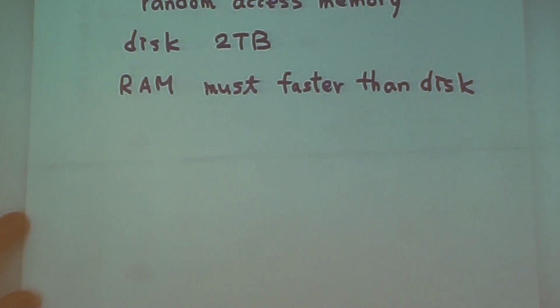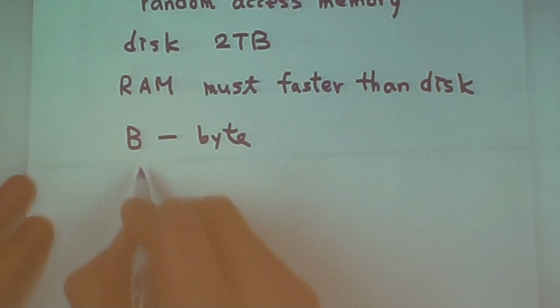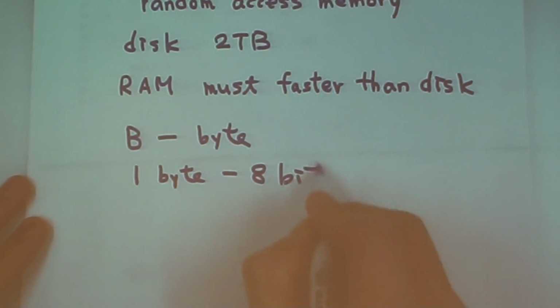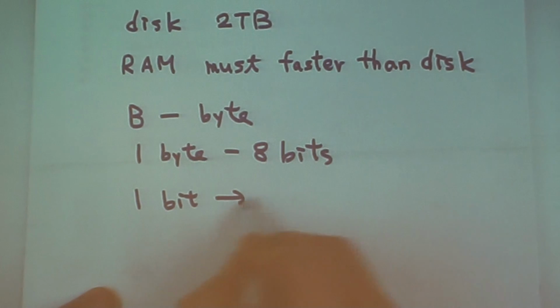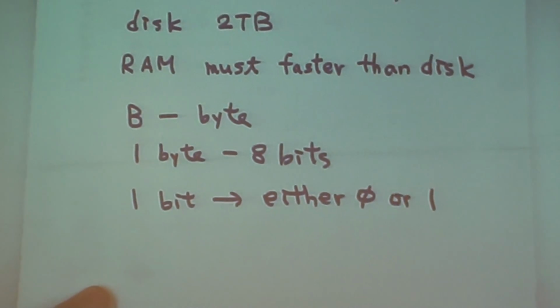What does 8 gigabyte memory mean? It just has to do with how many physical memory locations there are to store information. How much space you have. Okay. So B means byte. 1 byte means 8 bits. 1 bit means enough information to store either 0 or 1.